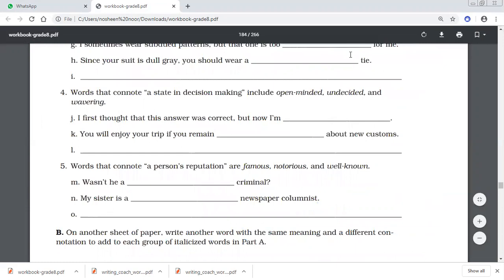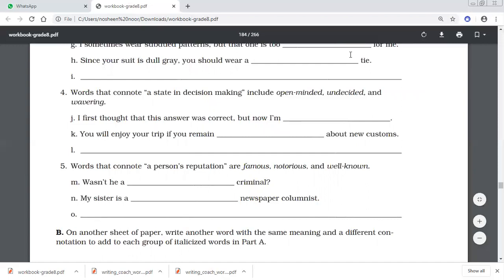He is either famous or notorious, or he's well known. Okay, now all the 3 words mean that a person is known by people, but in different ways.